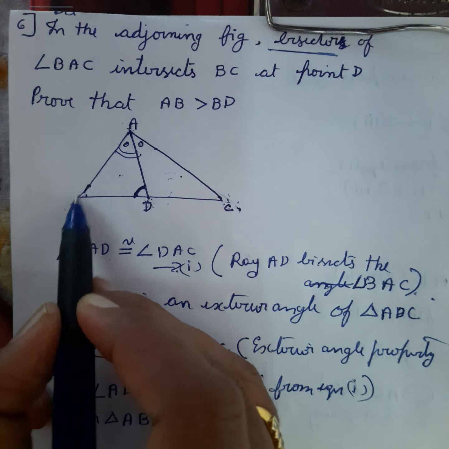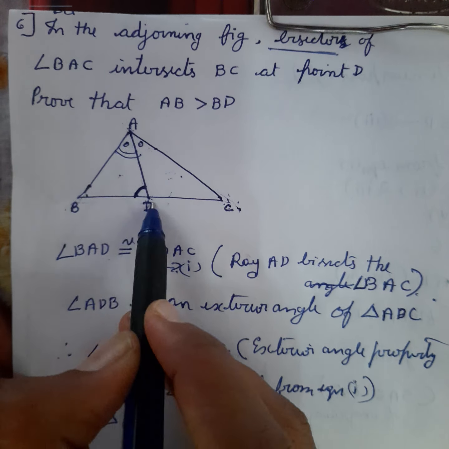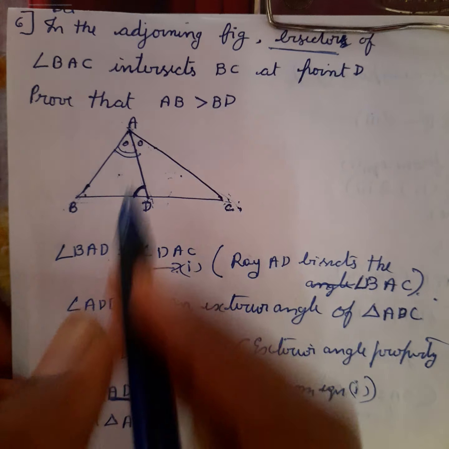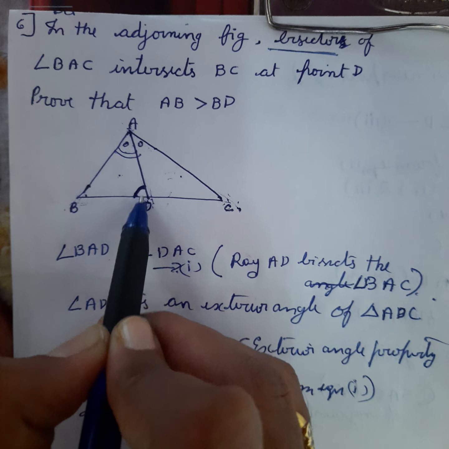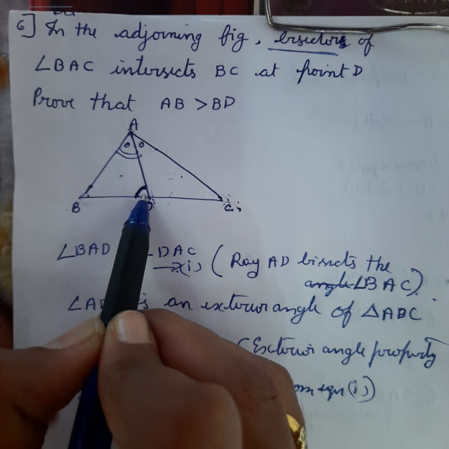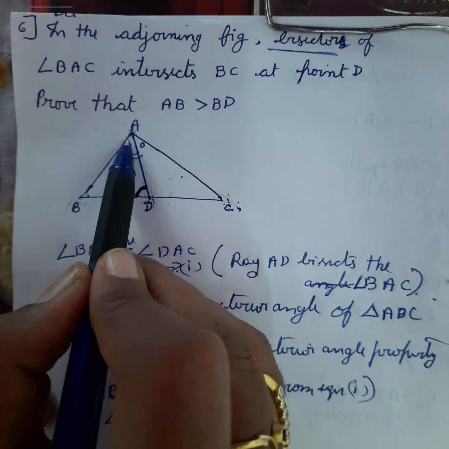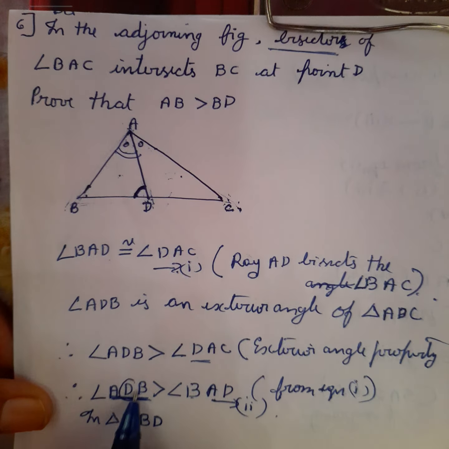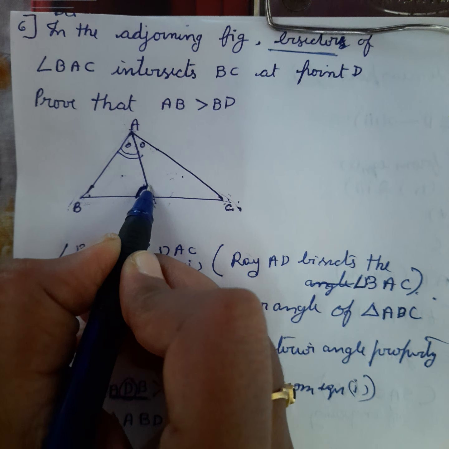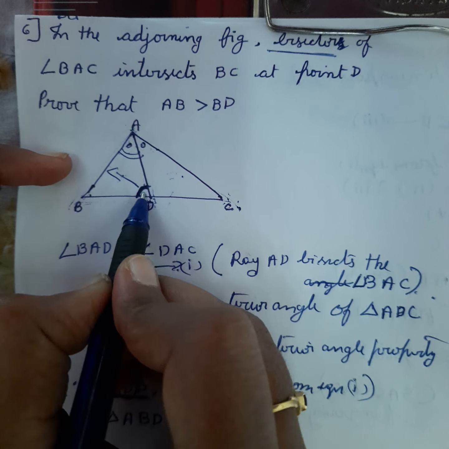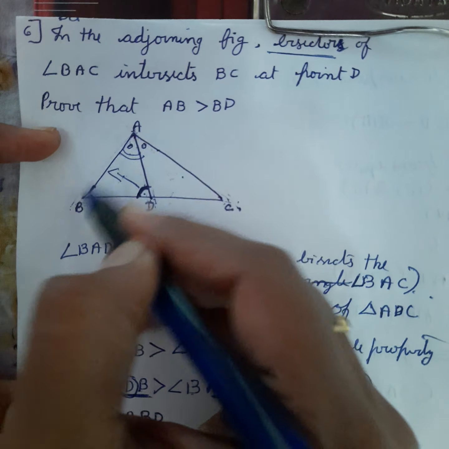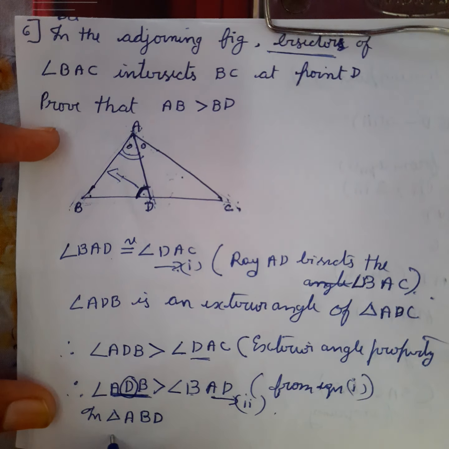If angle ADB is greater, then the side opposite to ADB is AB, correct? See, the angle is D, and the side opposite to D is AB. So if angle D is greater, the side opposite to D, AB, is greater in length.